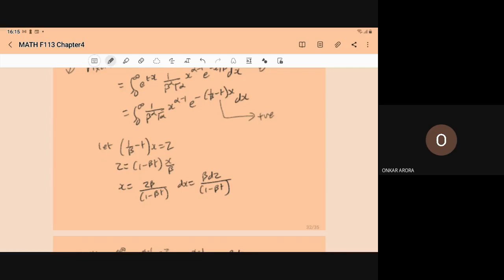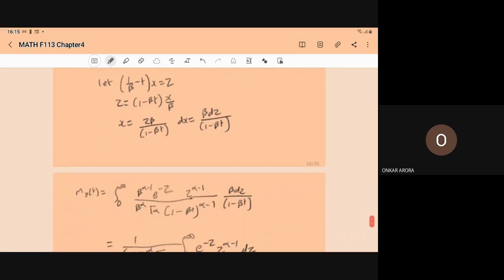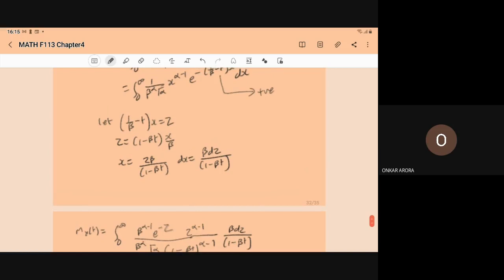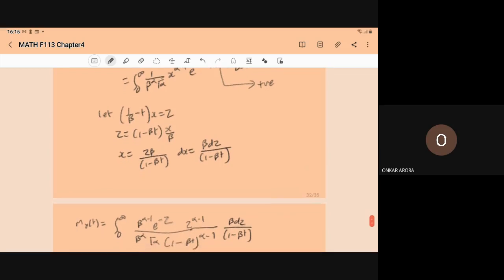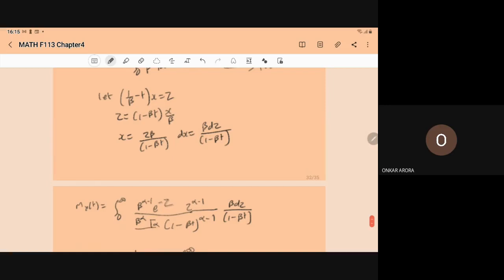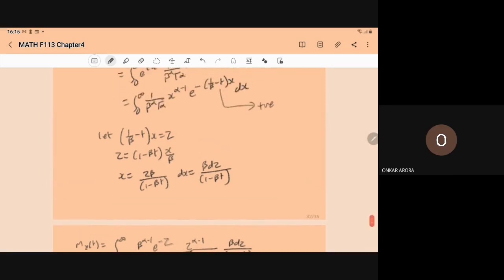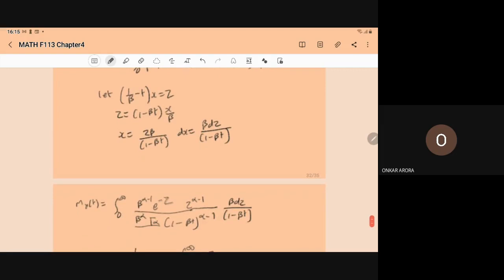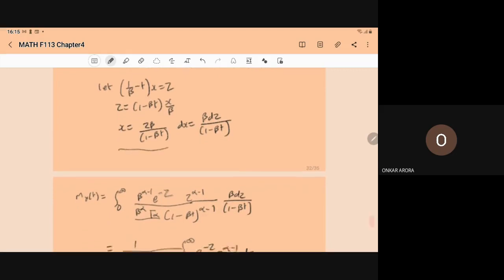So now you substitute z in place of 1 upon beta minus t into x. Here the integration will reduce to the integral from 0 to infinity. When we substitute, we have 1 upon beta to power alpha, gamma of alpha, then x to power alpha minus 1. What is x? X is z beta upon 1 minus beta t.